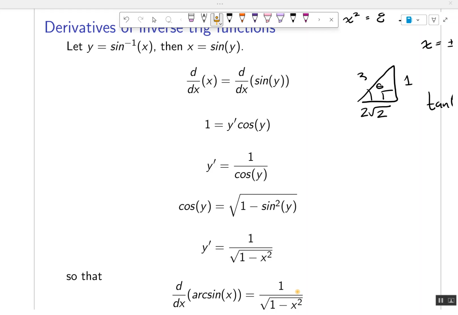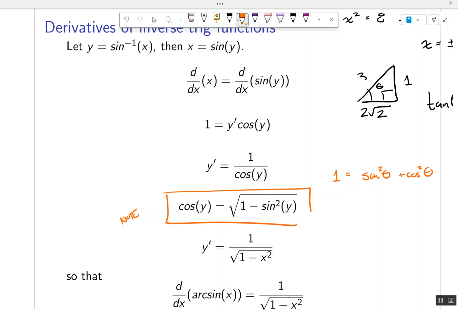Sorry about that, I think I misspoke. Let's pick it up right here real quick. So we have y prime equals 1 over cosine. Now this is kind of just a note: because 1 equals sine squared plus cosine squared, let's get cosine squared by itself.